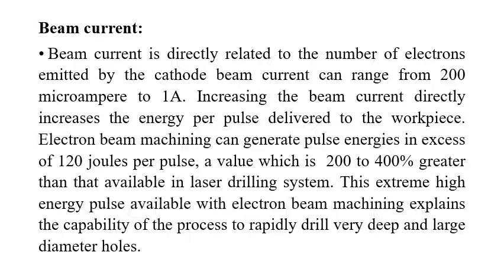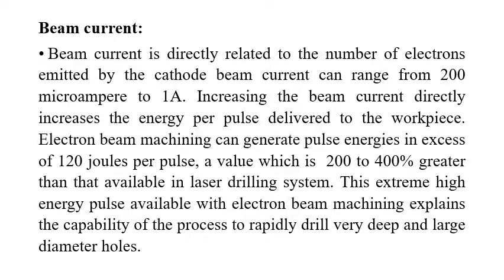This extremely high energy pulse available with electron beam machining explains the capability of the process to rapidly drill very deep and large diameter holes. Higher energy per pulse means the hole can be drilled more rapidly.